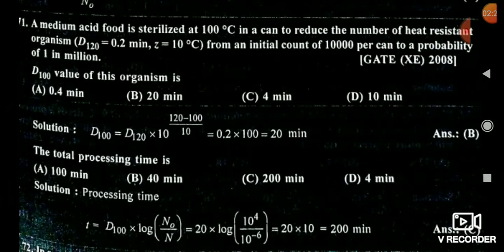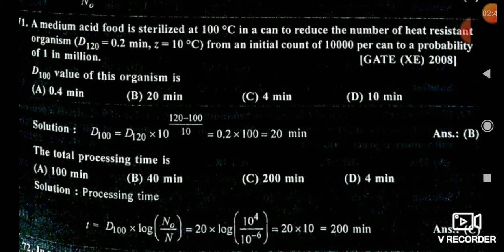Now friends, see another question. It is also a very good question and very easy question. All questions have been asked upon the previous year concepts only. So once you understand the concept and formulas, you are very easily able to solve all the questions. You see in this question also there is nothing special.